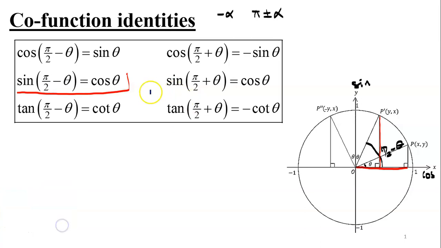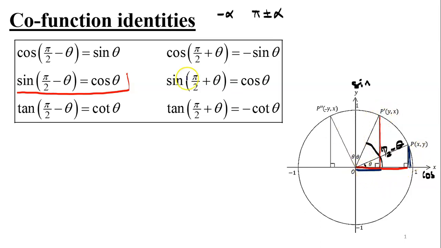Similarly here, you'd notice that this is sine of theta, since this defines the ordinate of point P, the y value of point P. So in fact, over here, you'd notice that it's equal to cosine of pi over 2 minus theta, defined by the abscissa of point P prime.